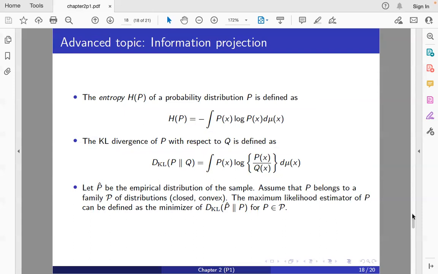If you think of the CDF, you have a step function in the sample. So this is P hat, and P belongs to a parametric family, for example. Then the MLE can be defined as the minimizer of the Kullback-Leibler divergence evaluated at P hat given P.